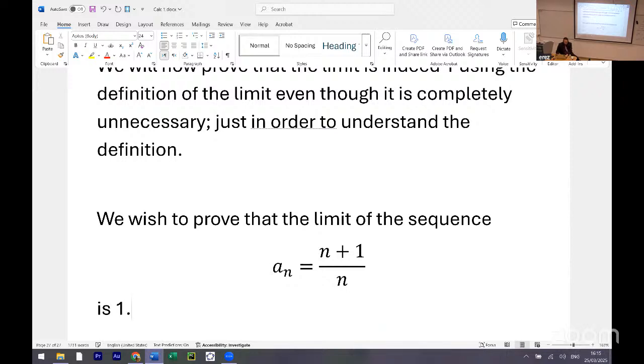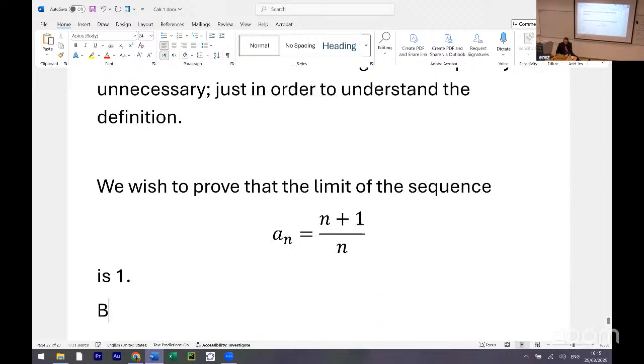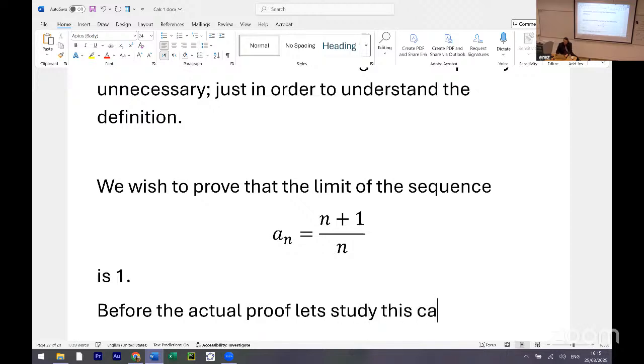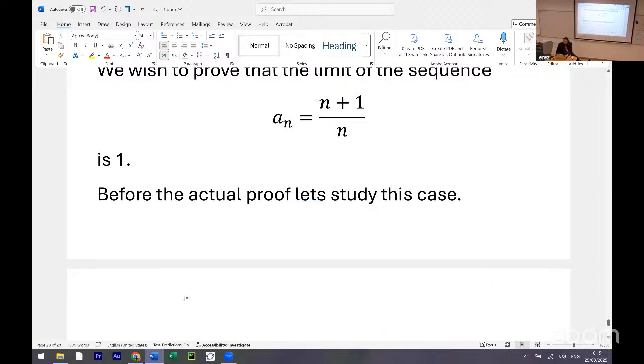Okay, so before the actual proof, let's study this case. And you need to remember the main thing behind the definition, which is the concept of an area.